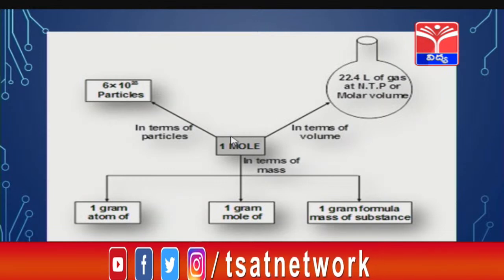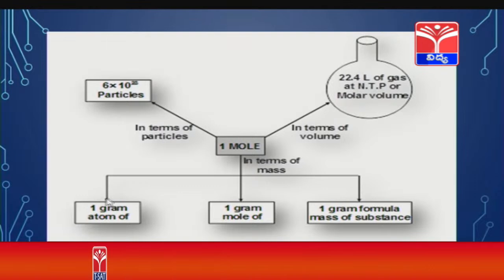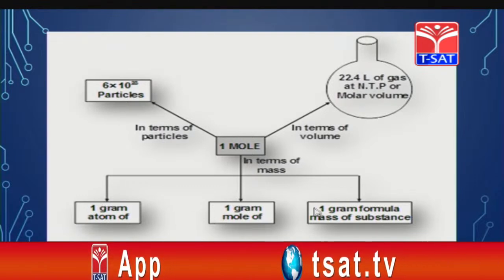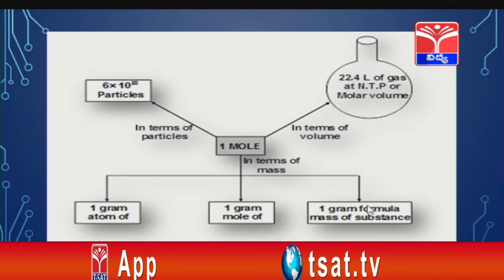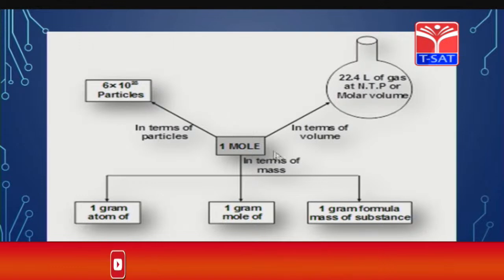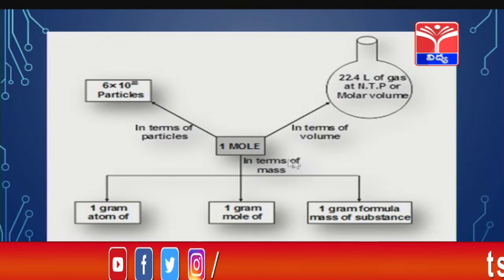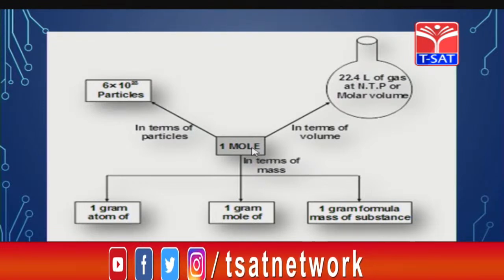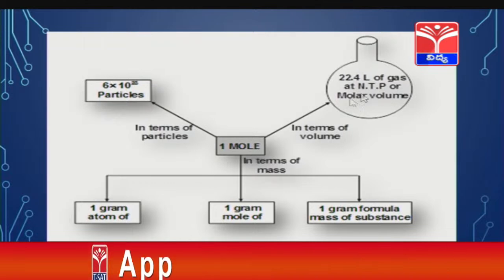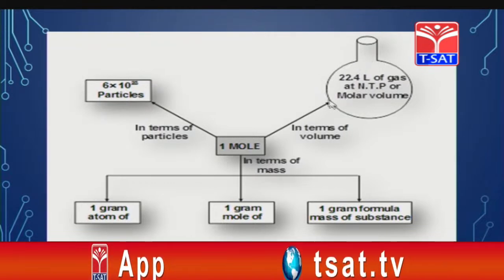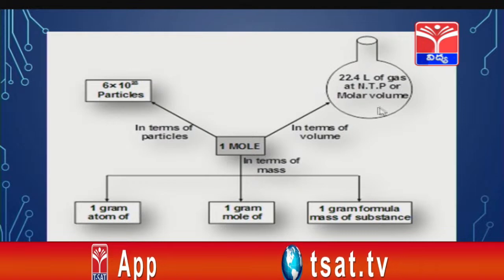So, you can also summarize it as: 1 mole means 1 gram atom of atoms, 1 gram mole of molecules, or 1 gram formula mass of that particular substance. 1 mole contains Avogadro number of particles, and 1 mole of any gas like H2, O2, N2 occupies 22.4 liters.